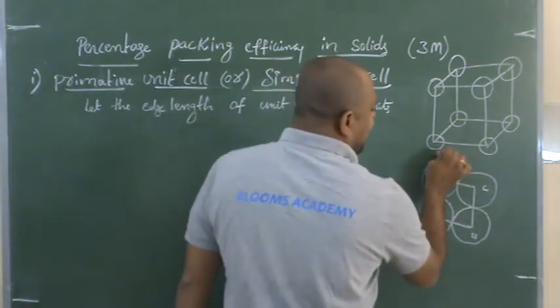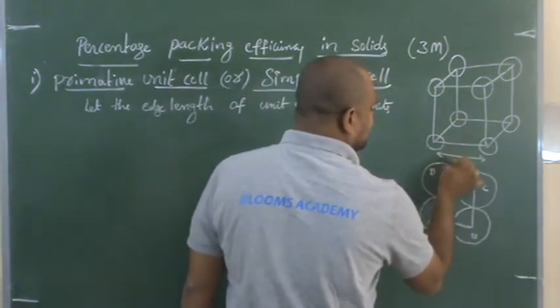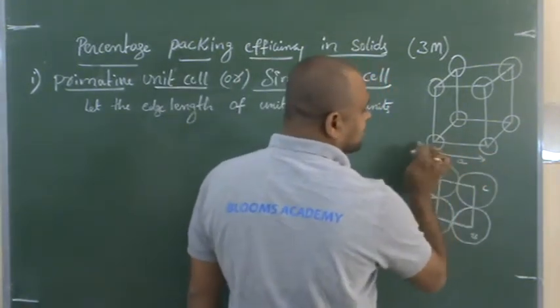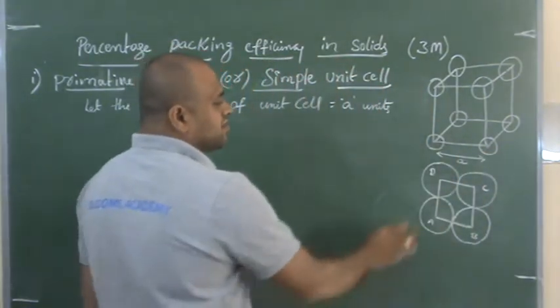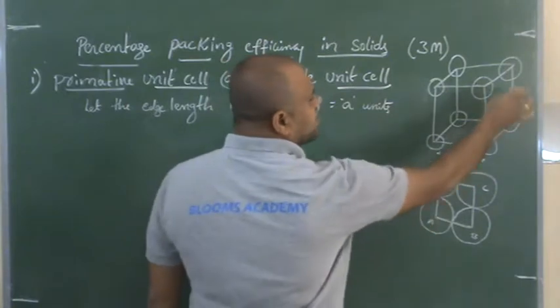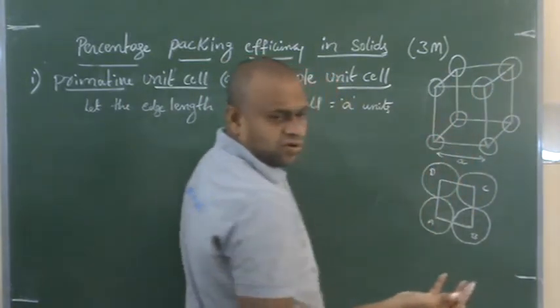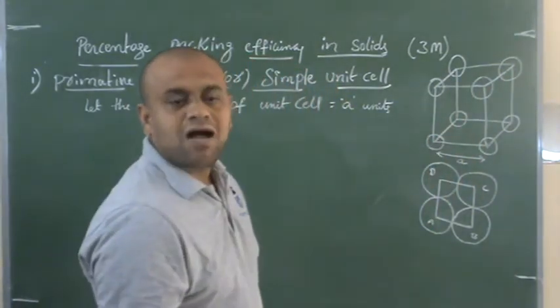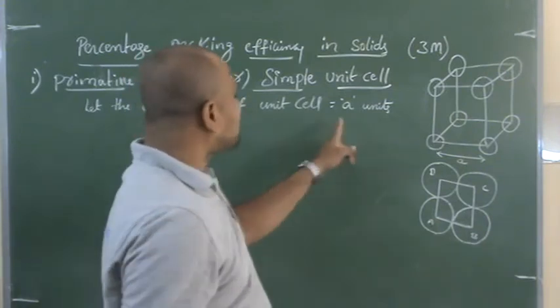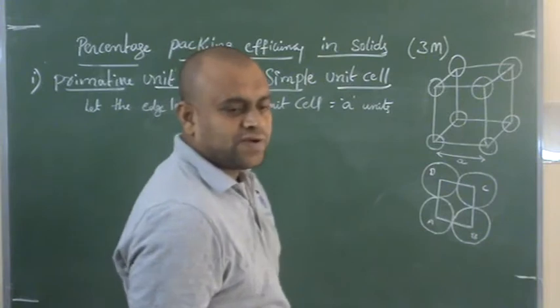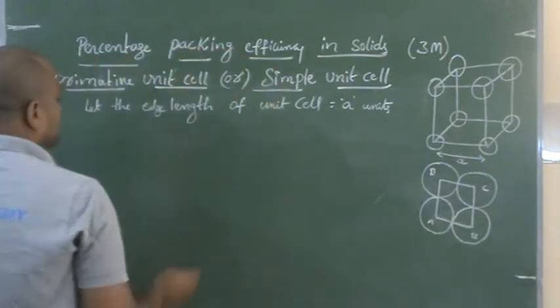See, edge length of unit cell is a units. So if one edge is a, then all the edges are equal to a units. For a cube, all the edges are equal, no? That is why let the edge length of unit cell be a units.